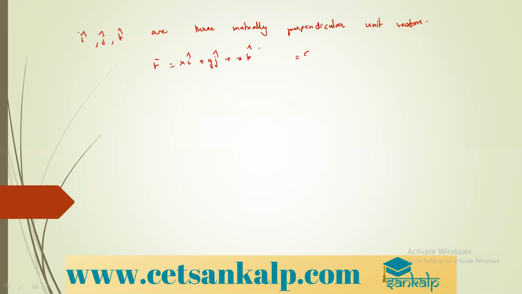And it is also written in the form of (x, y, z). Now, how can you show that vectors are collinear or three points are collinear? There is a test.